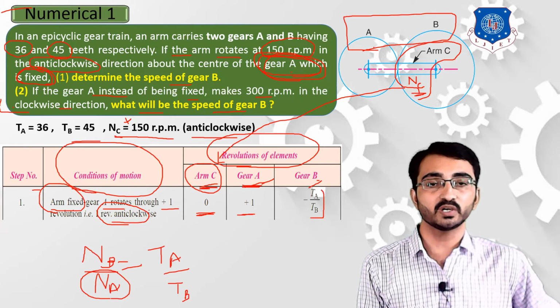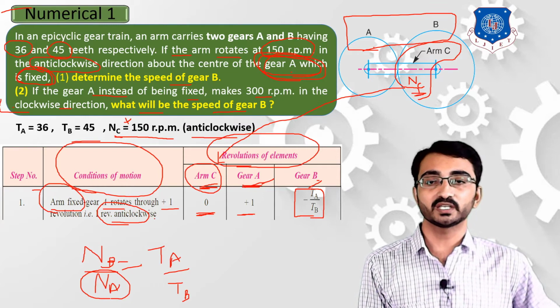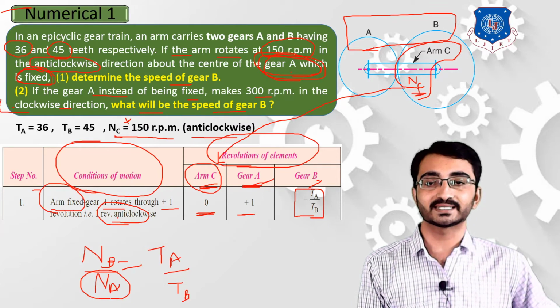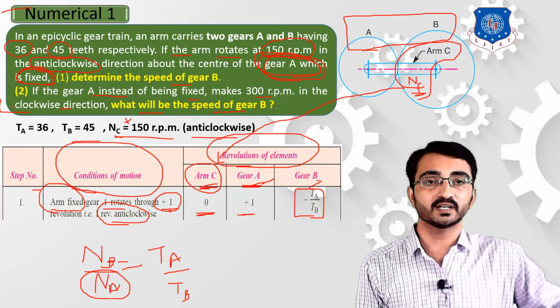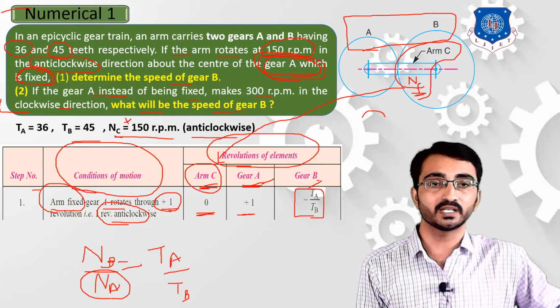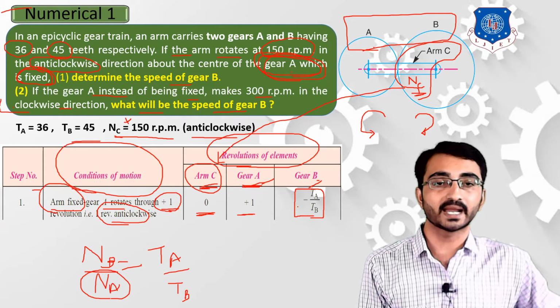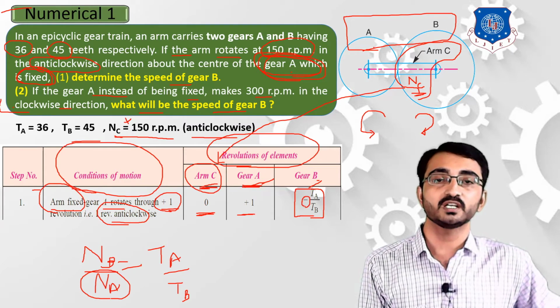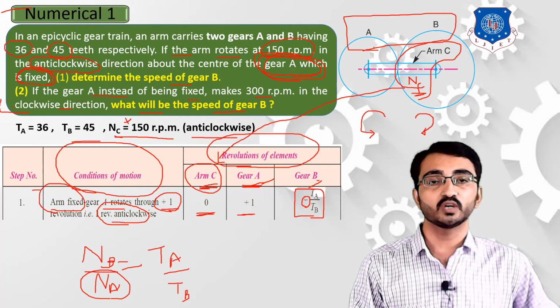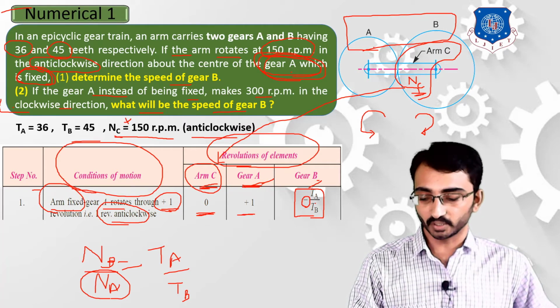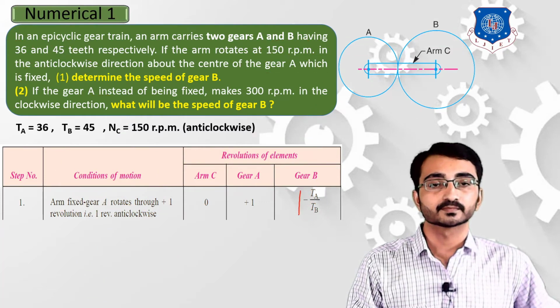This equation defines the speed of gear B. We have assumed that gear A is rotating in anti-clockwise direction, so we have considered plus sign. If gear A is rotating anti-clockwise, then gear B will rotate in clockwise direction, so we have to consider minus sign for the clockwise rotation. So the speed of gear B will be minus TA upon TB. Clear?